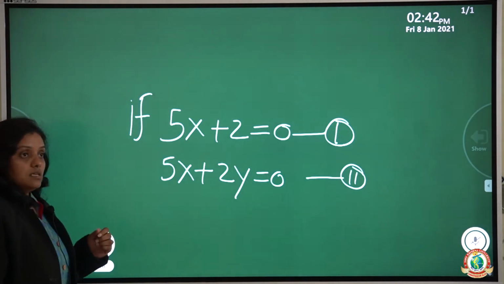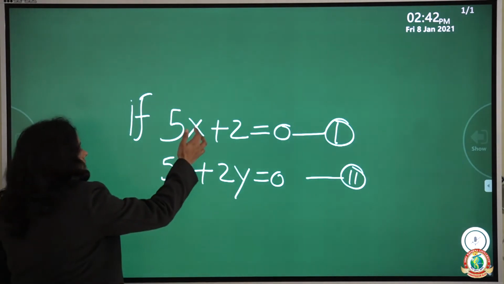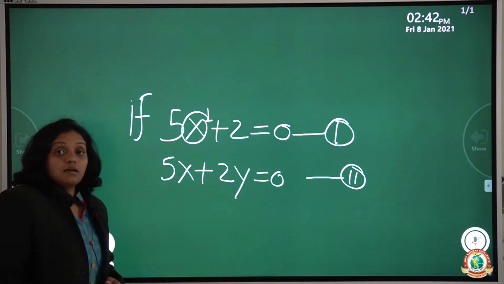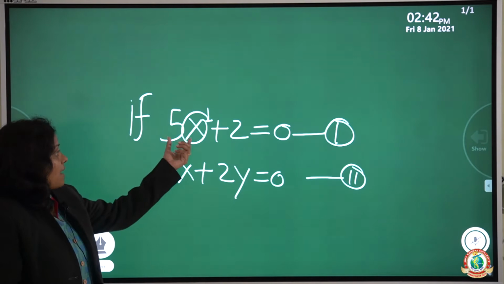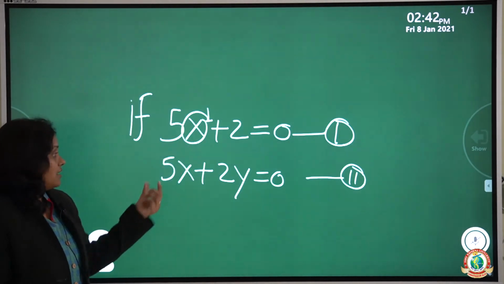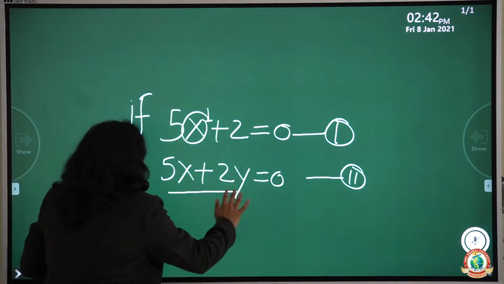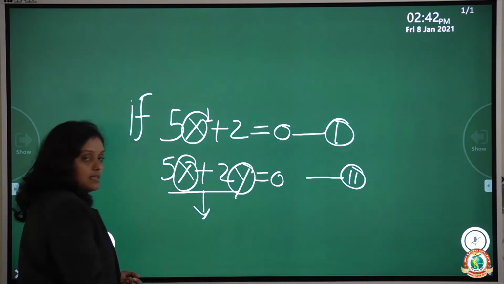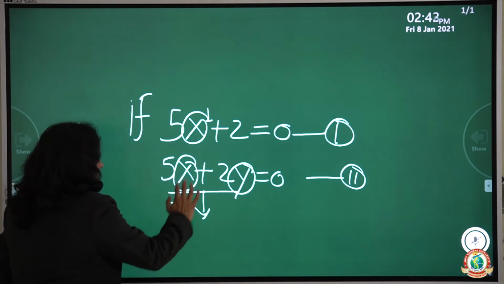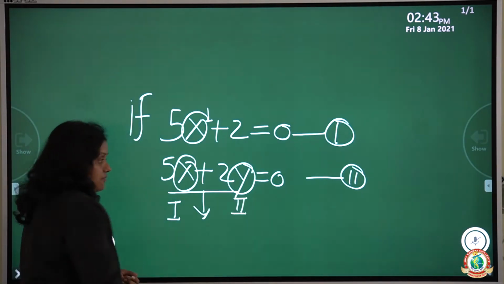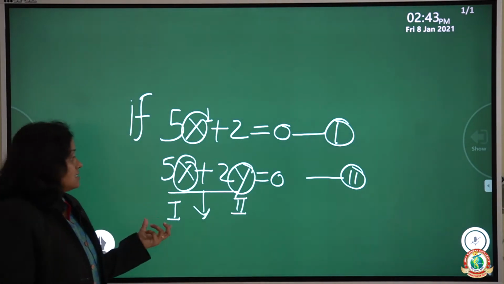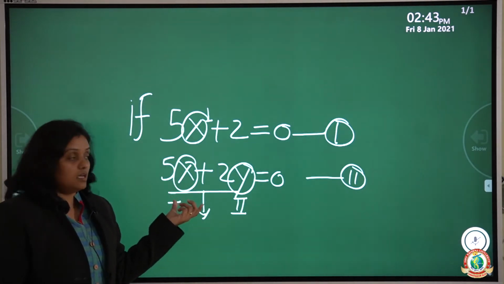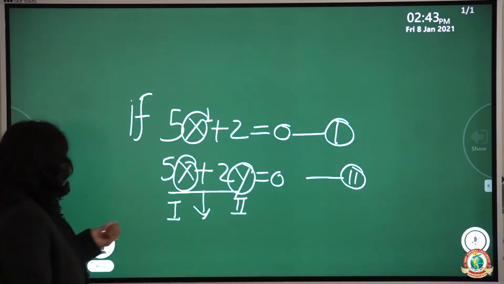In these equations the degree of each variable is 1. The degree means the power of x is 1, and this equation has two variables, one is x and the second is y. Both variables define the degree 1 of this equation.